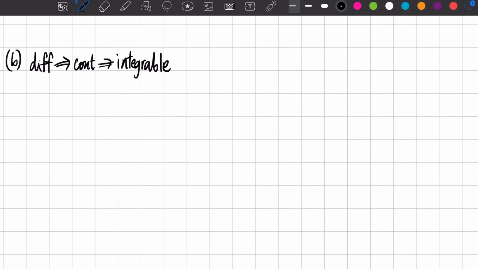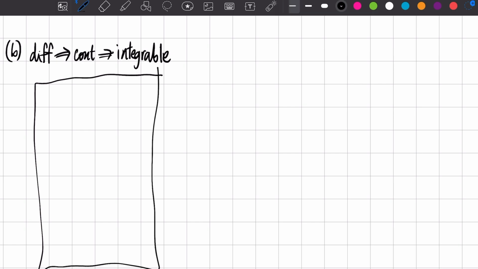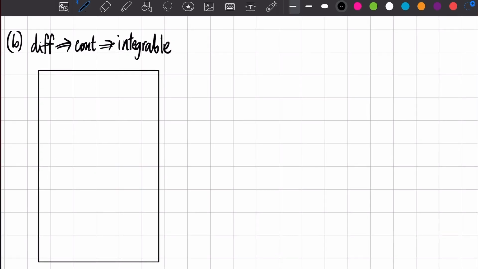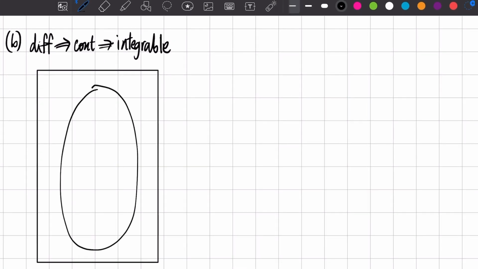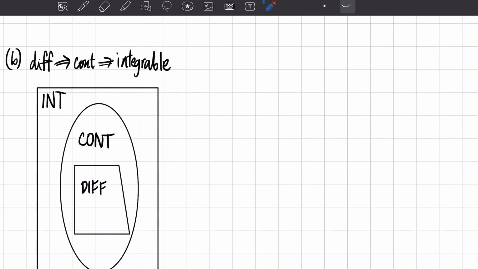Okay? So that means if we will draw the diagram for that one, what you have inside here are the set of differentiable functions. Then here you have the set of continuous functions. And finally here, you have the set of integrable functions.